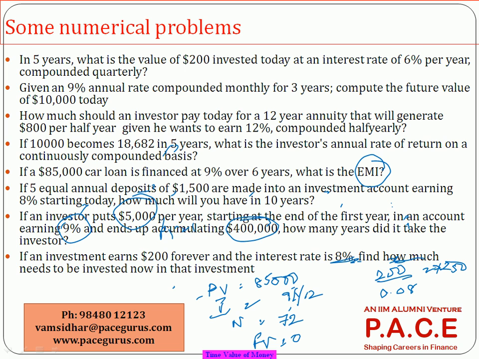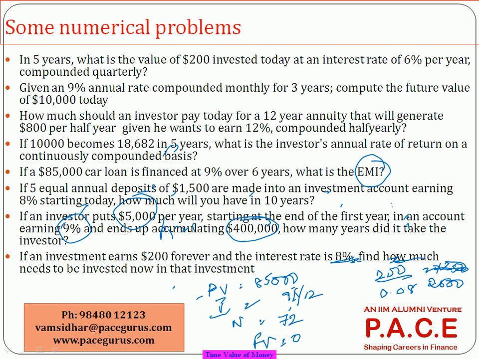2000, 2500. 2500 is what you have to invest today, and it will pay you 8%, which is 200 per year, forever. So if some stock says it will pay you 200 forever and your return is 8%, right?